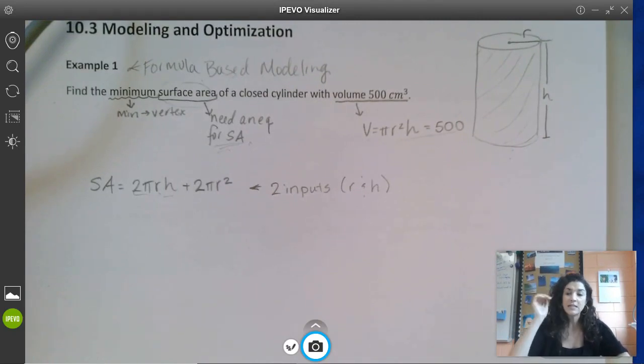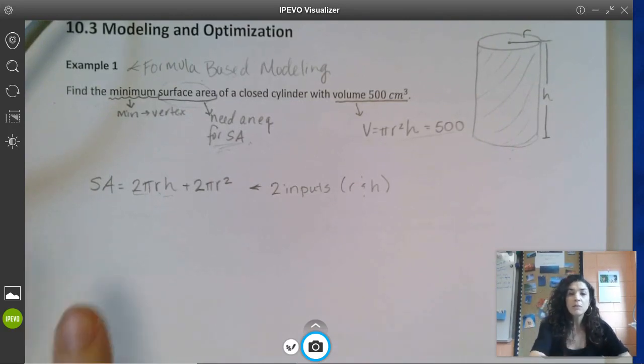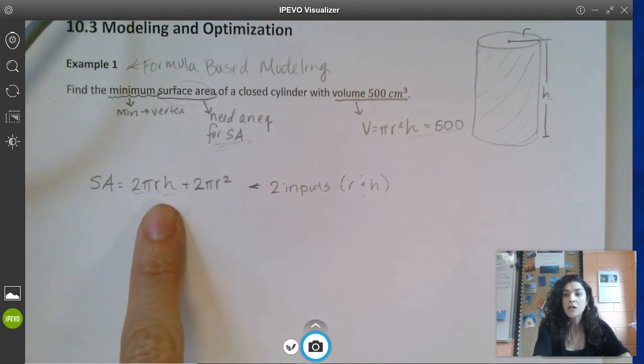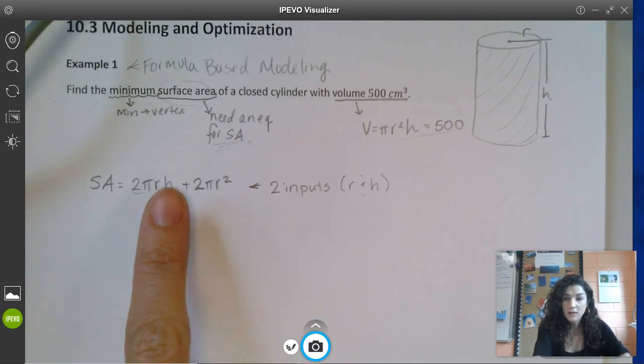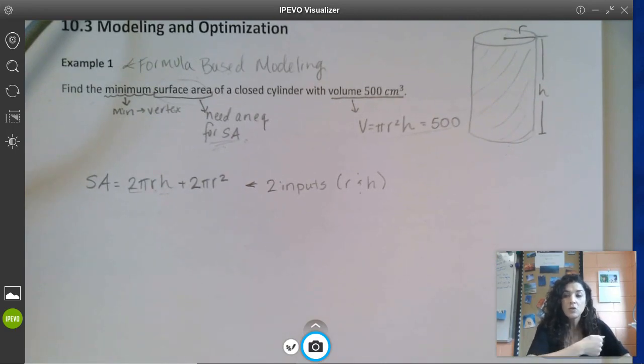So now I have to take a step back and say, well, I've got two inputs. I only want one. So I need to make another equation that I can substitute into this equation in order to eliminate one of the variables. The only way to eliminate one of the inputs here is to substitute it out with another relationship. A relationship is just a fancy word for equation.